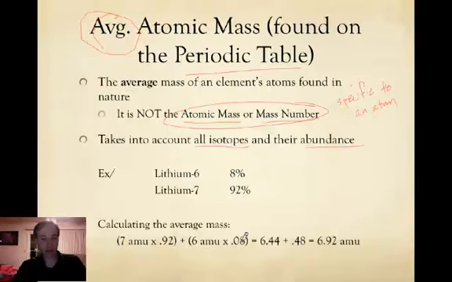Lithium-6 is 8% abundant. Put it together, the average lithium has a mass of 6.92. This is the number that you find on the periodic table. Okay, this is not the mass number. The mass number would either be a lithium-6 or a lithium-7, depending on which specific atom you're using.